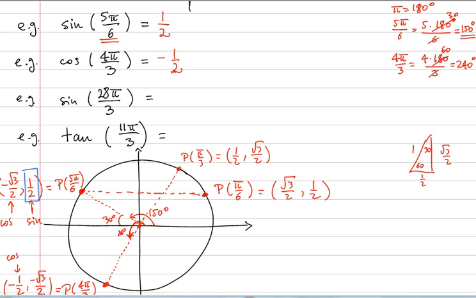example: you have to find sine of an angle that's not between 0 and 360 degrees. It's much more than 360 degrees. If you convert it, you can use your calculator to find what this actually is, and it's going to be something big.